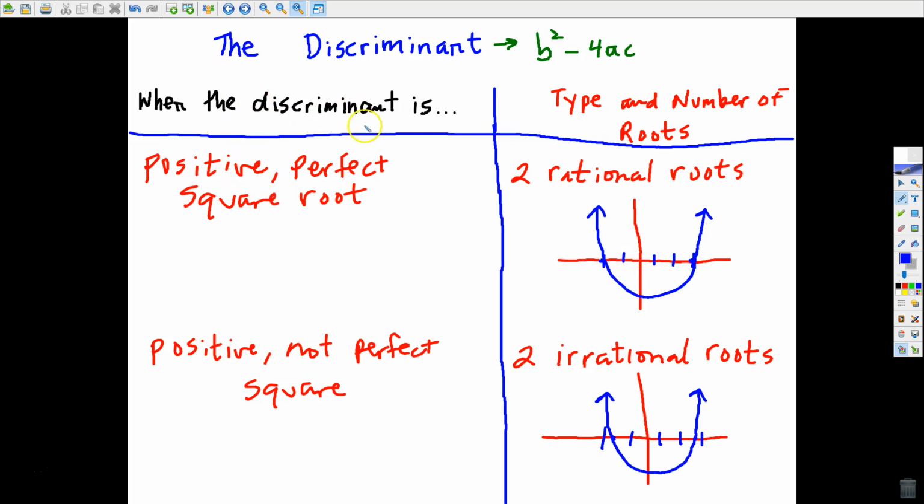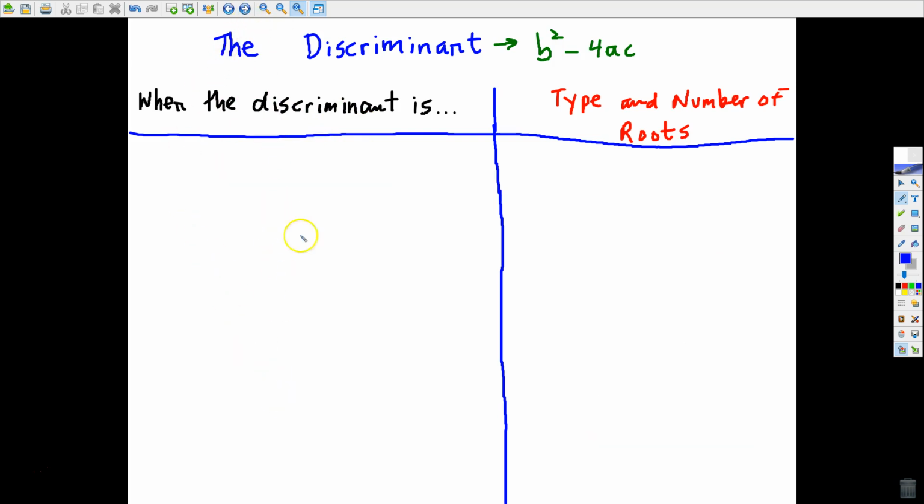All right, so far we've identified a discriminant as positive that has perfect square root, positive not perfect square. The other situation that could happen is the discriminant is 0. What does that mean for the type and number of roots?